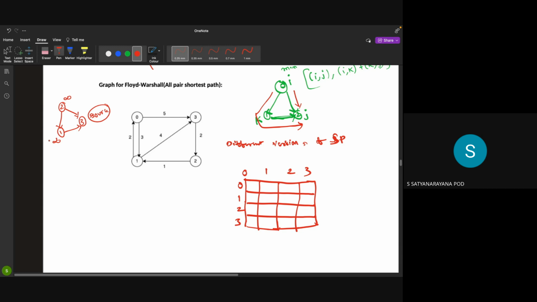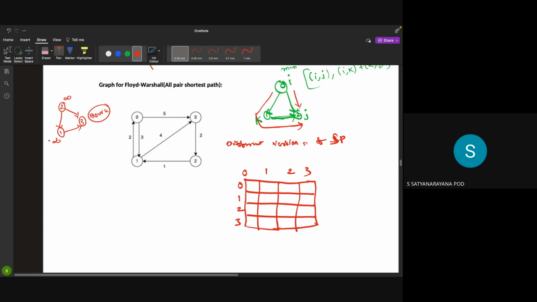If the result contains any vertex with infinite value, what does it mean? It is not reachable. Maybe it is not having a direction, or it is not having an edge, or it is a disconnected vertex. Is it clear?